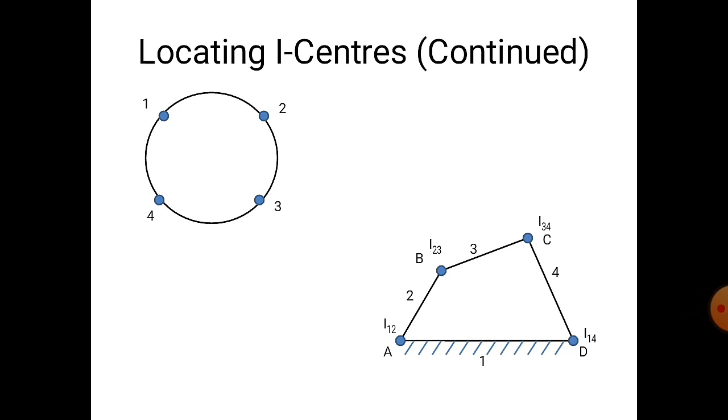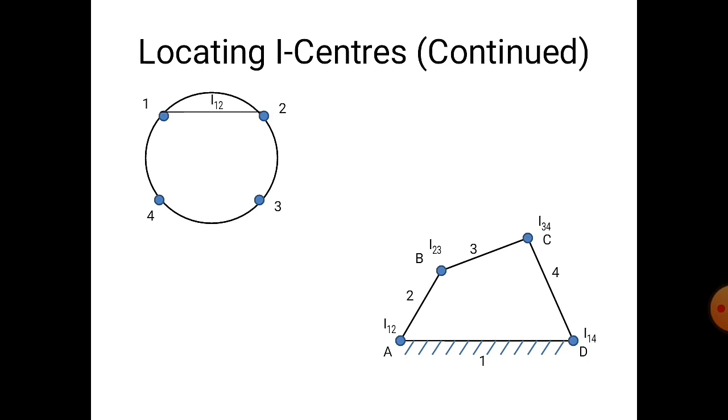Now I12 is the instant center that we have located by inspection. So I12 is known to us, hence join points 1 and 2 on the circle by a solid line representing instant center I12.